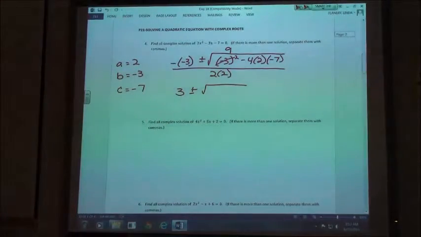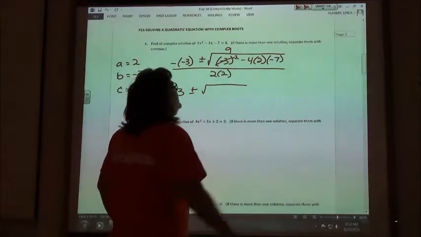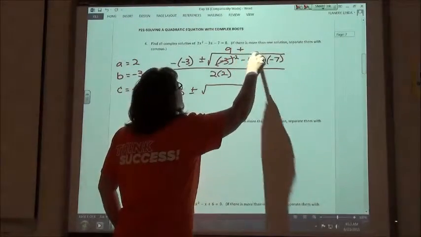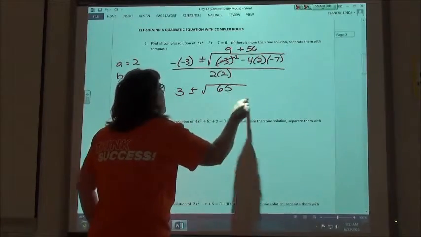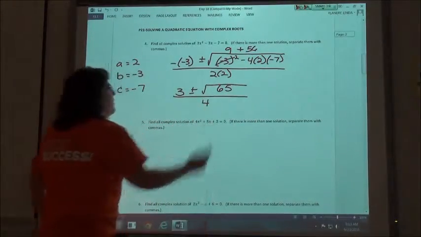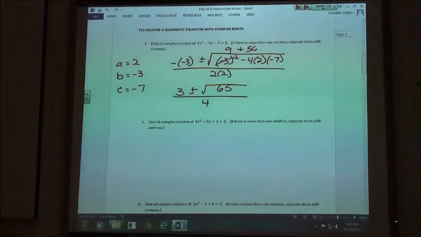Then I have -4 times 2 times -7, which would be 56 plus 9, so 65 over 4. So this one just turned out the regular way.